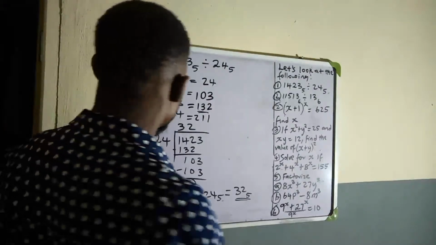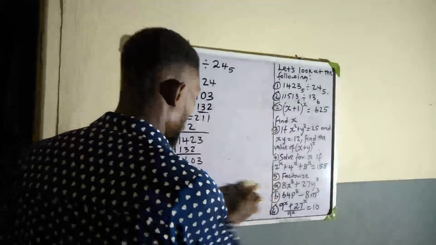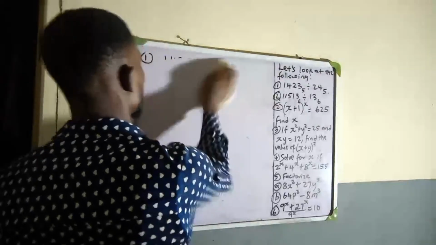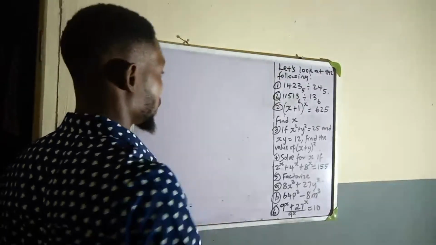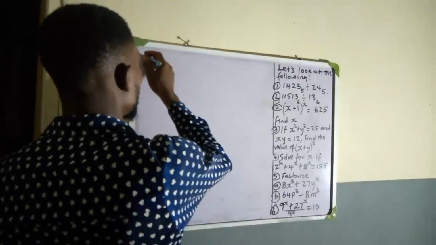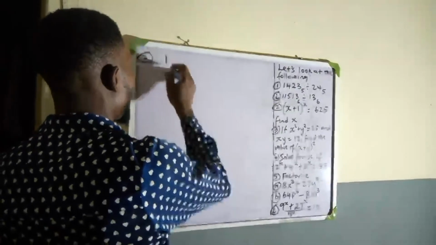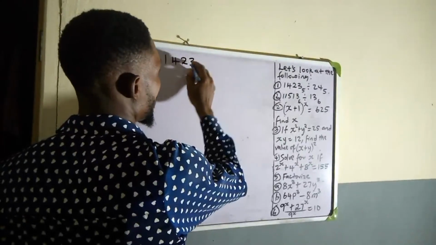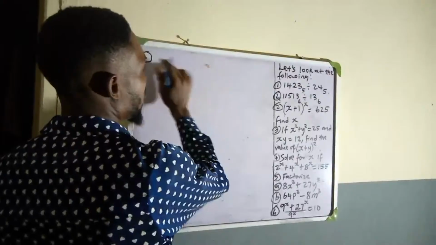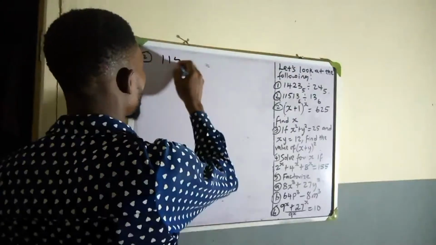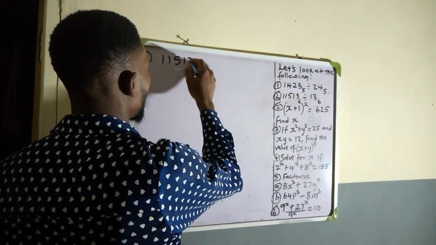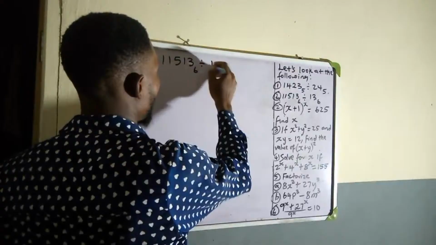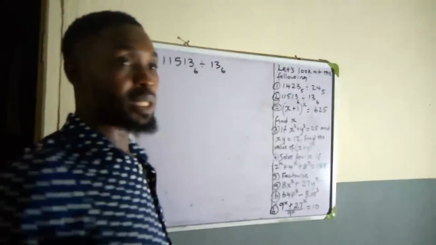Welcome back. Let us look at the second question we have here. Sorry, I think the second question here is 11513 in base 6 divided by 13, also in base 6.